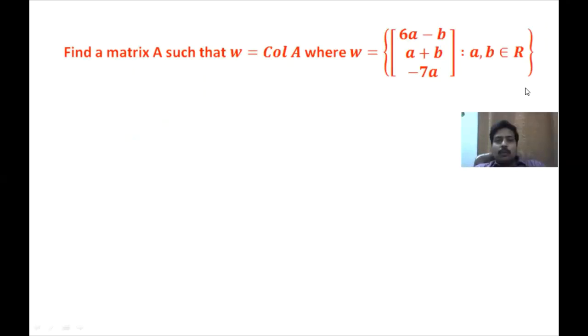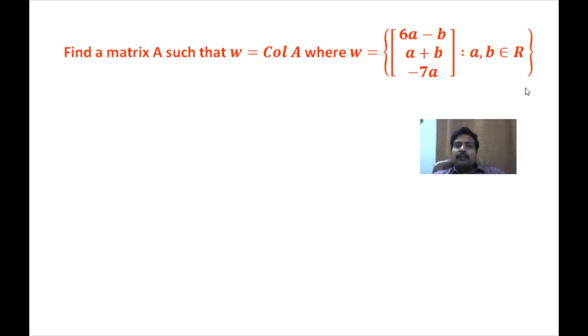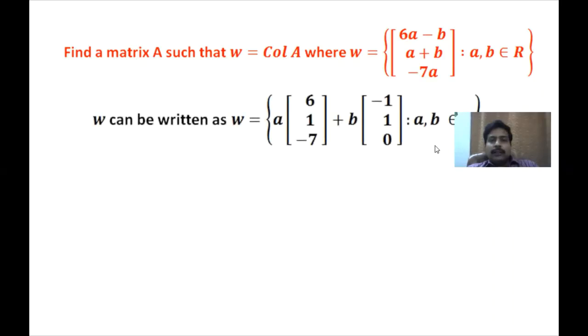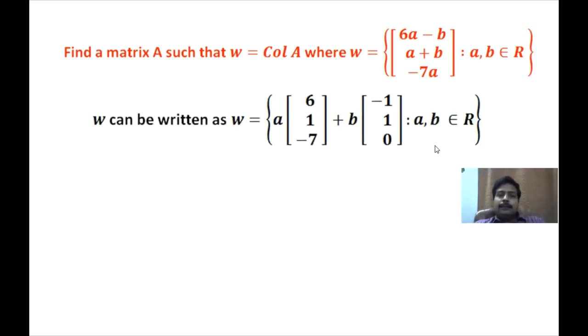Let us move on to one more problem. Find a matrix A such that W is equal to column space A, where W is equal to the set of the 3 by 1 matrices (6a minus b, a plus b, minus 7a), such that a, b belongs to R. So here W can be written as the set of, here a and b can be taken out.